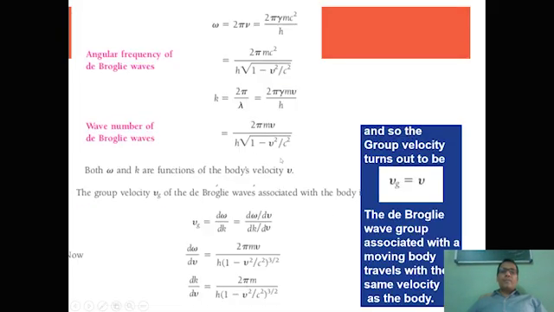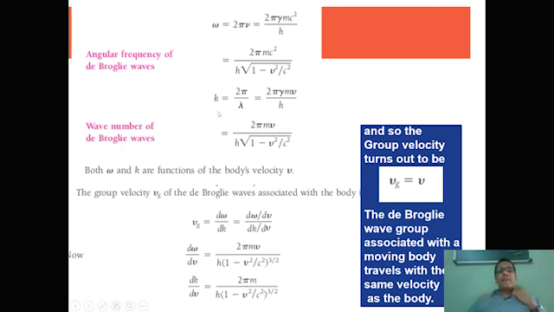Now let us check whether this group velocity actually interprets the velocity of the de Broglie matter wave or not. So let us calculate the group velocity. For that, let us redefine omega as equivalent to 2 pi nu, and in the relativistic case nu is equivalent to mc square by h, where the mass m is the relativistic mass, which can be written as m naught over root of 1 minus v square by c square.